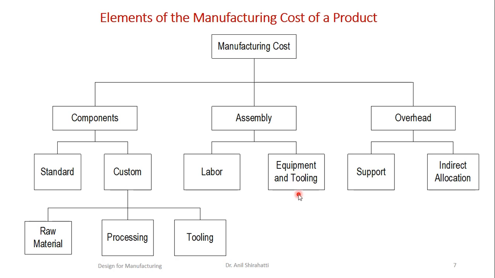Also, equipment and tooling will get reduced. A single M20 spanner will work for the complete assembly operation. So I don't have to carry M10, M12, M16, so many spanners. A single spanner will work for everything. This will also be helpful when we are working on site.